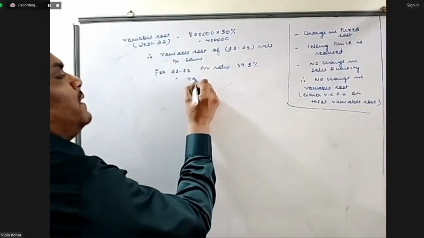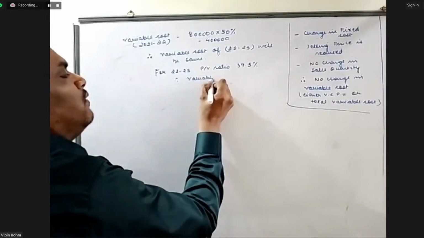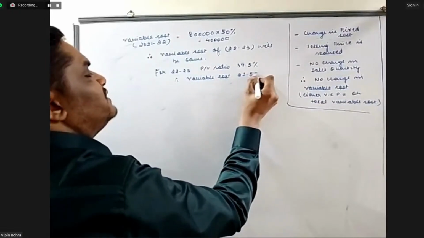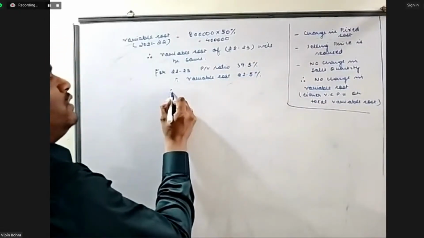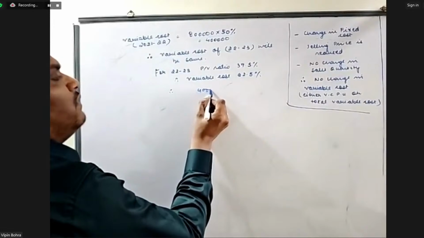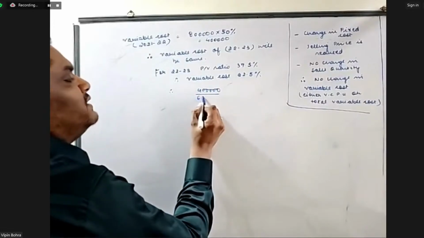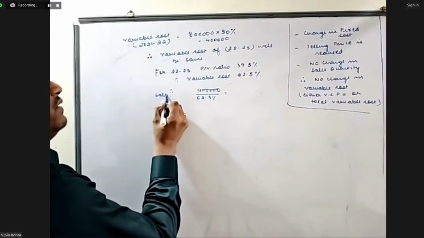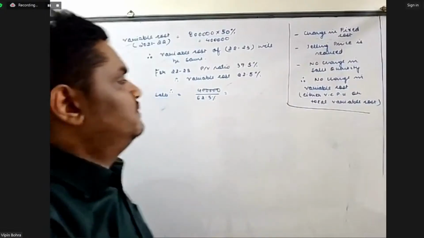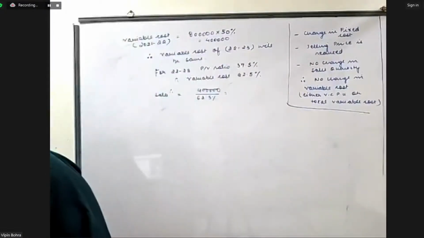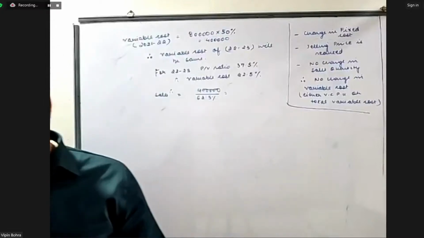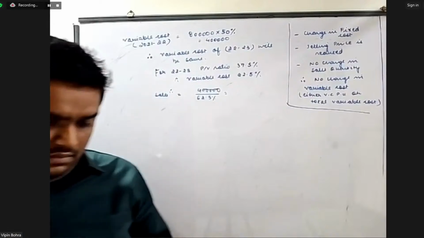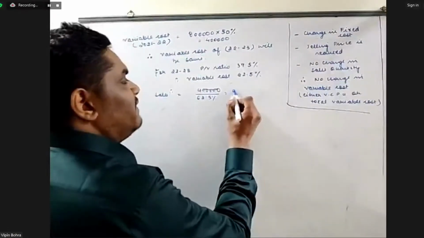Therefore, variable cost will be 62.5%. Therefore, total sales will be 4 lakh divided by 62.5%. So my sales we can easily calculate. This will be 6,40,000.